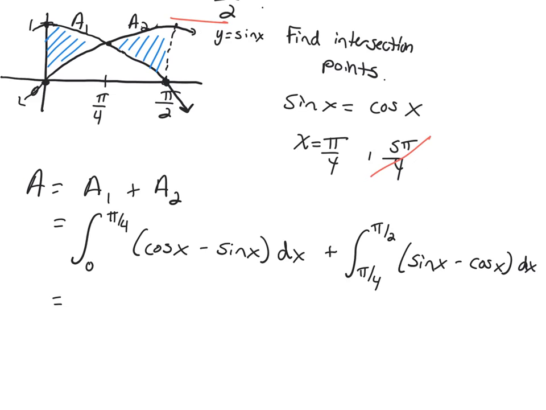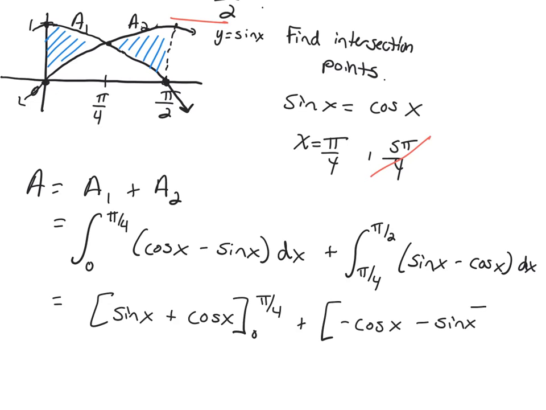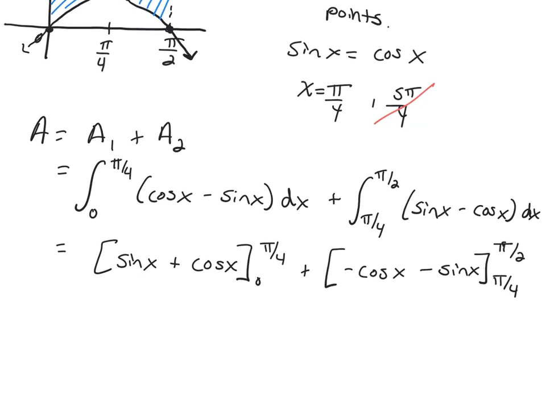So you get sine plus cosine, plus negative cosine minus sine, from pi over 4 to pi over 2.